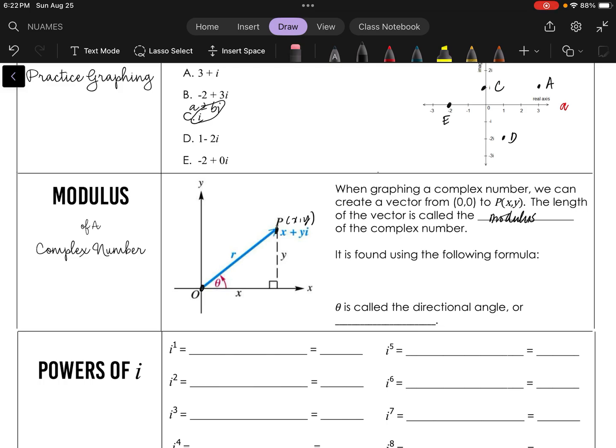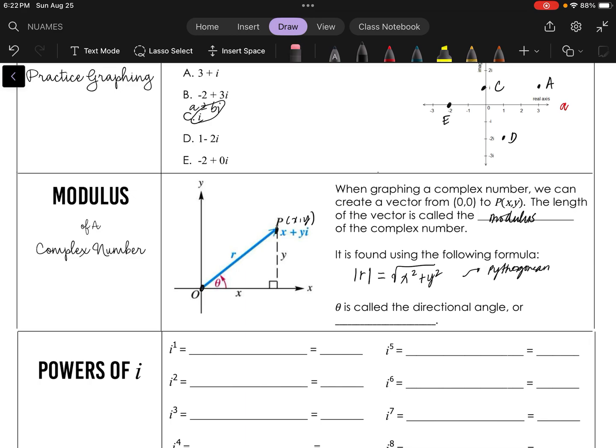So we follow the formula where this modulus is represented as absolute value of r, which is equal to the square root of the squares of x and y. So if you're very familiar with Pythagorean theorem, this is the way we derive this one. And if you look at the drawing, we have somehow created a right triangle in here.